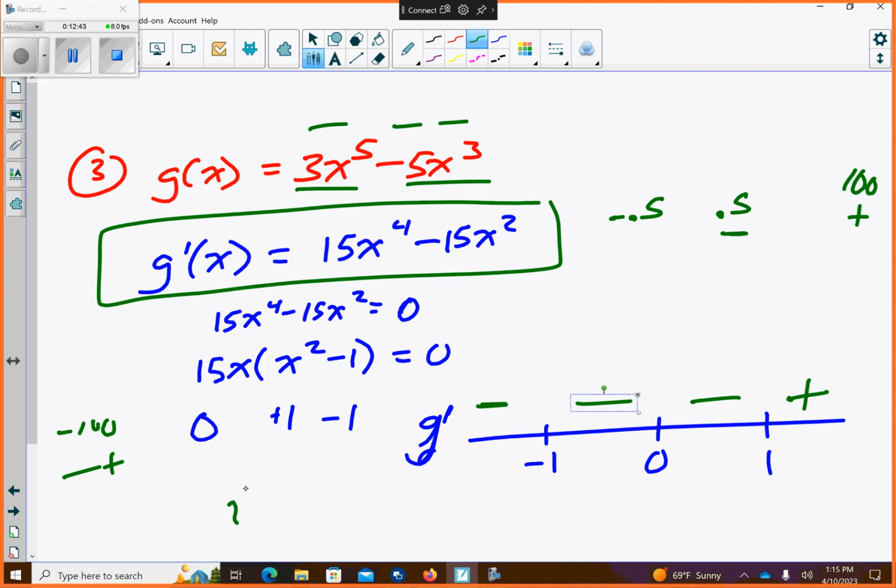If I went 3 times negative 100 raised to the 5th minus 5 times negative 100 raised to the 3rd. You could just jump on a graphing calculator and see what's going to happen.